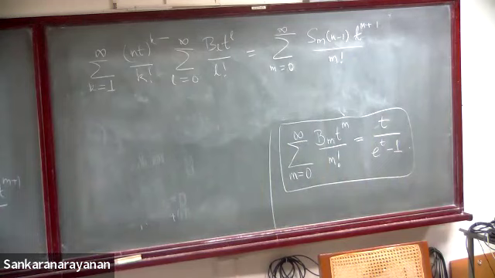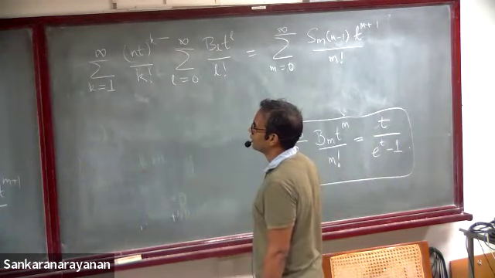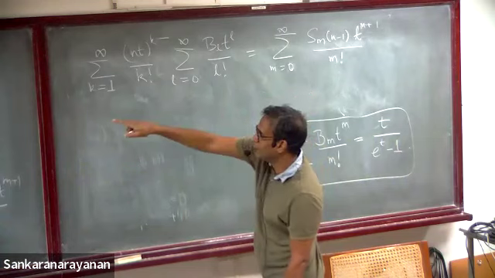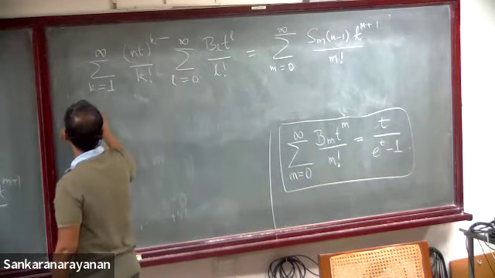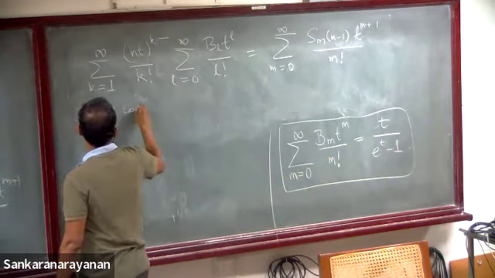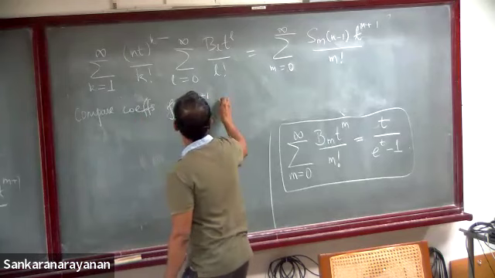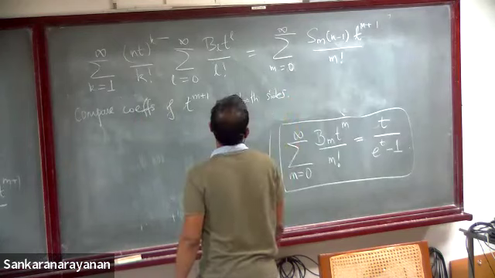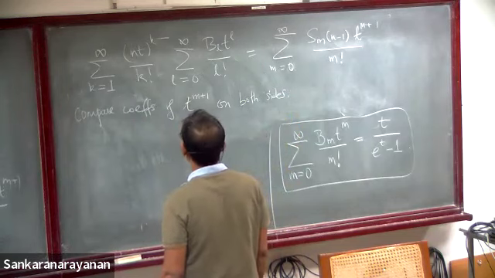Just compare the coefficient of t^(m+1) on both sides and you'll get exactly this identity. On the right-hand side, you'll get S_m(n minus 1) divided by m factorial.